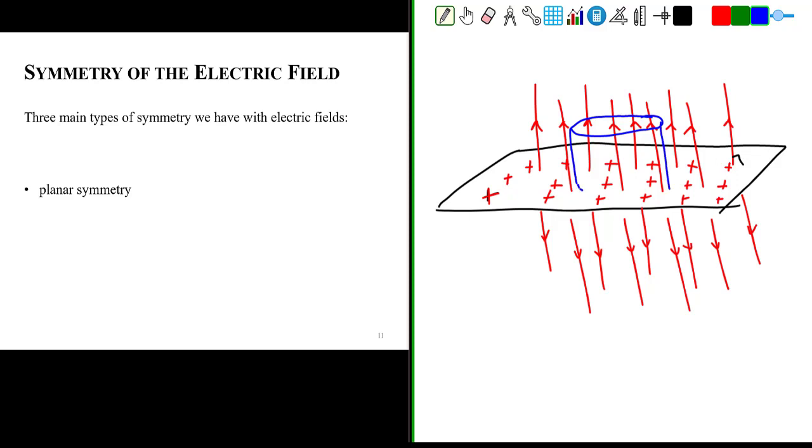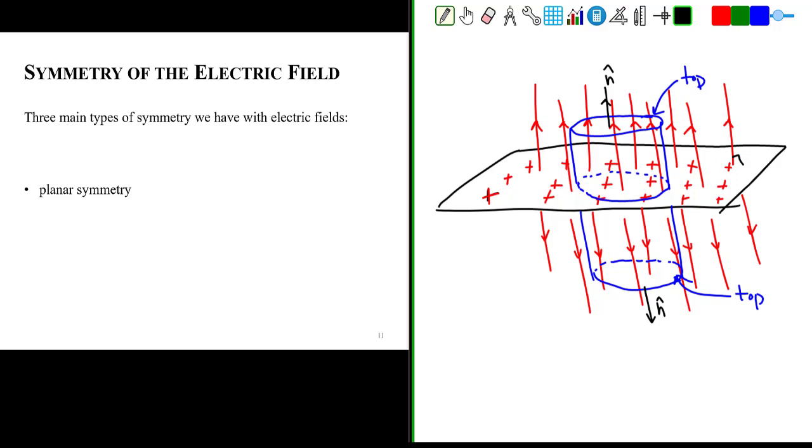It passes right through the plane, and it has a bottom surface. The top surface and the bottom surface, the electric field is perpendicular to both of those surfaces. So the electric field is parallel to a vector normal to each of those surfaces.